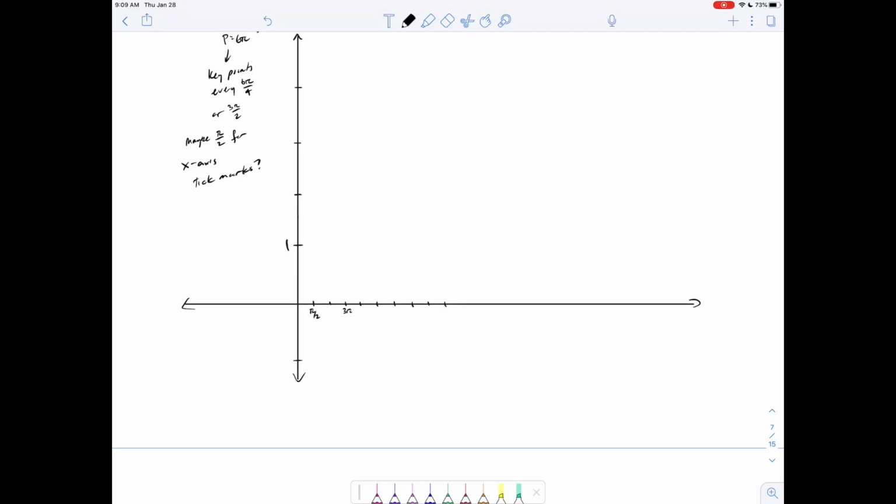I might put the 3 pi over 2 because I know that there's going to be another key point, 3 pi over 2 after that. I might just go for that as well right over here. So 3 tick marks after that is now 6 pi over 2, which is 3 pi. Another 3 tick marks after that is over here.